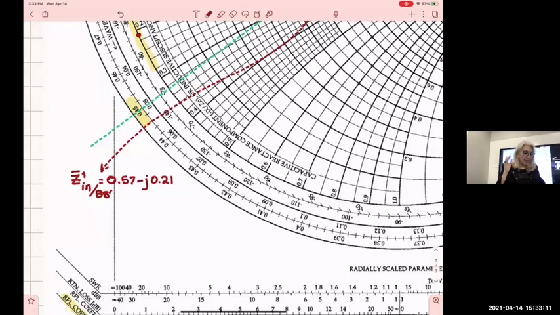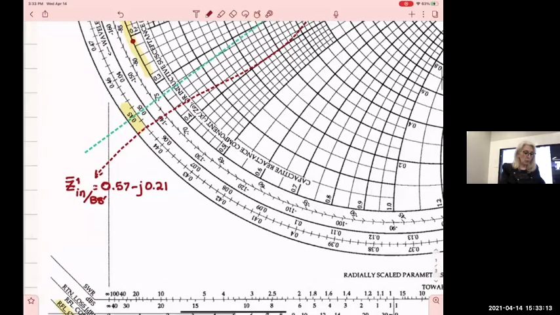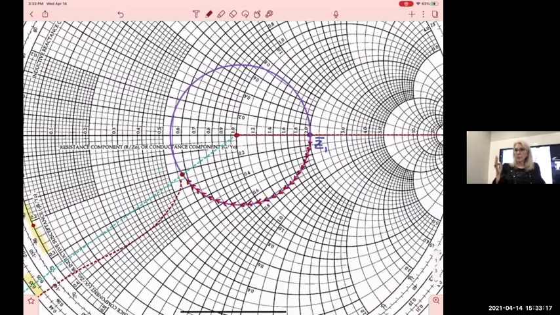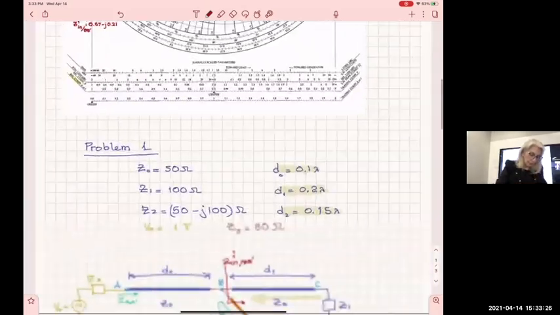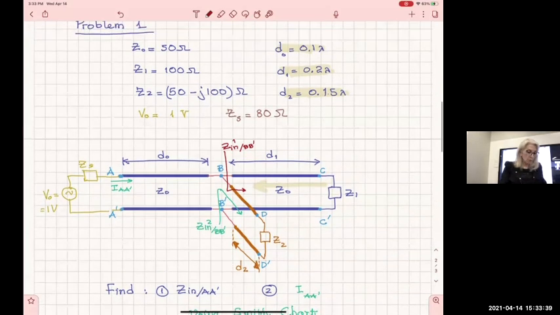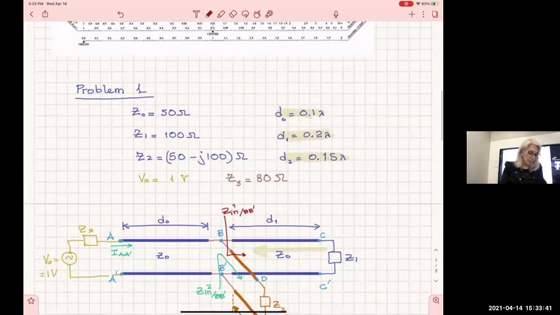I'm gonna do exactly the same thing, and I will do it on the same Smith chart. I will do now exactly the same thing with the other line that goes diagonally, all right? And to find out how much is the green impedance, Z2 input at BB prime. First of all, I need to find Z2 normalized.